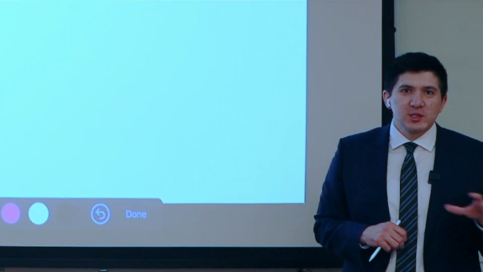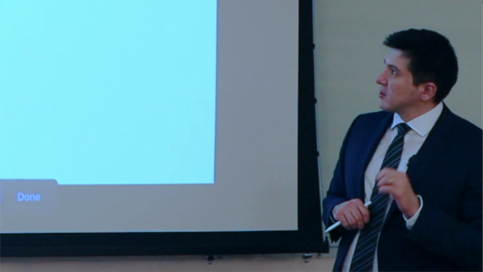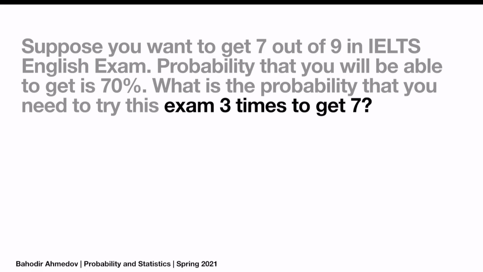Now I would like to know what is the probability that you can make this on the third trial, exactly on the third trial, right? So what is this? We need to create the scenario. So what is the scenario? The scenario is you failed the exam in the first trial.